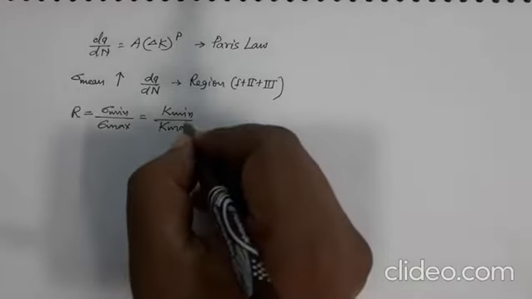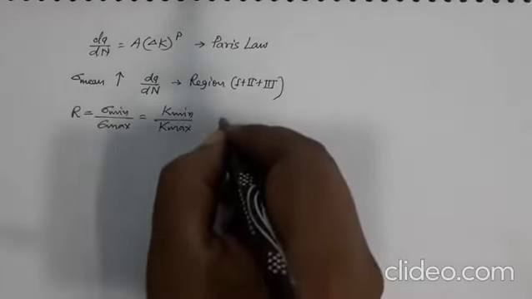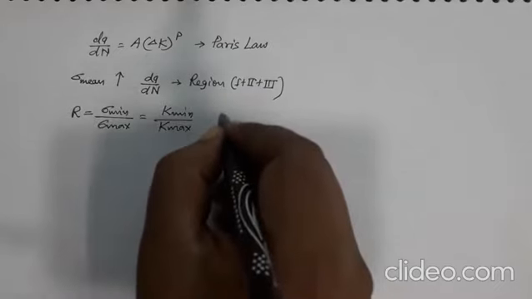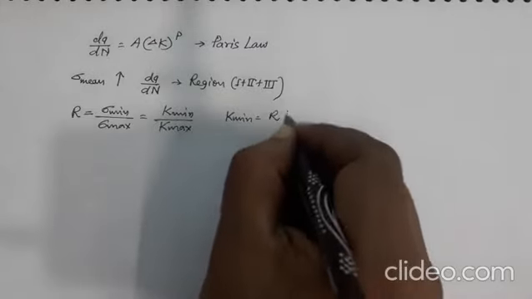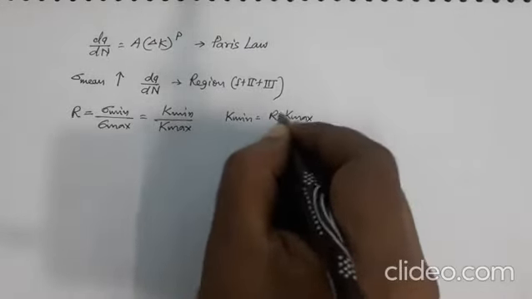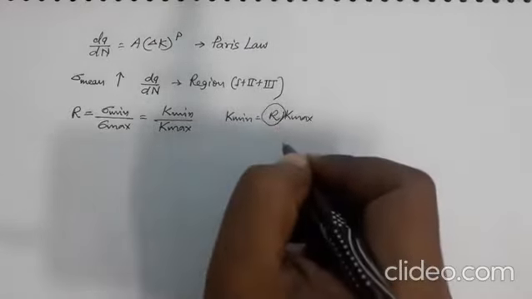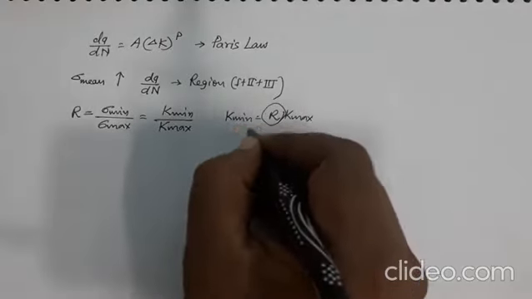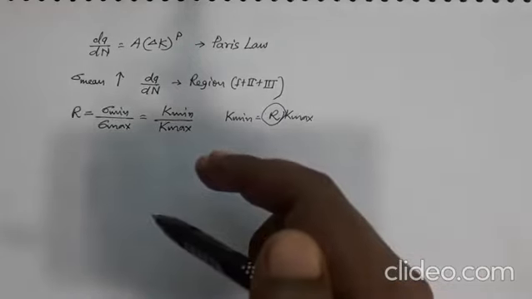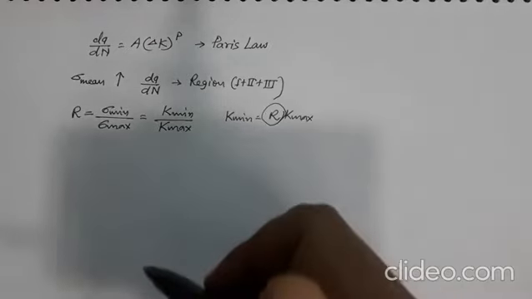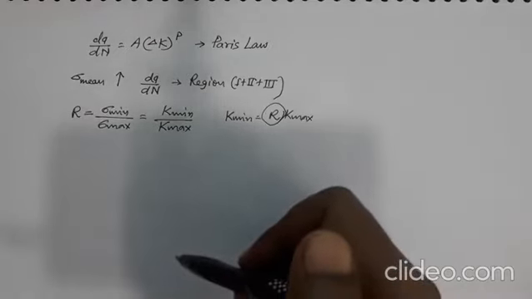K minimum will be R times K max, and if you are increasing this factor, it means that you are increasing the value of the minimum stress. Okay. So the effect of increasing R is less in region 2 in comparison to region 1 and region 3.